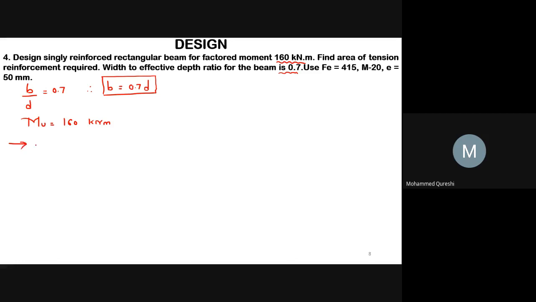So we have to design as a balanced section, and we know that for Fe 415, the value of Mu limit equals 0.138 Fck bd square.